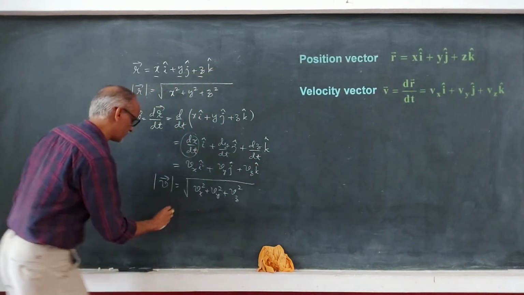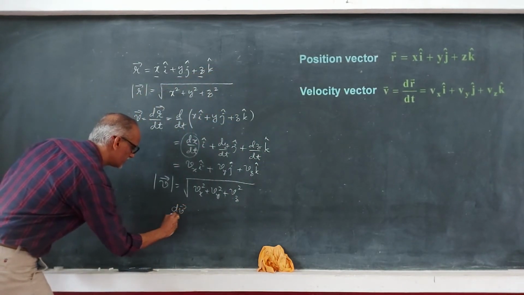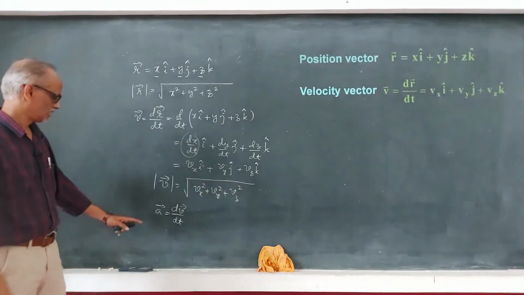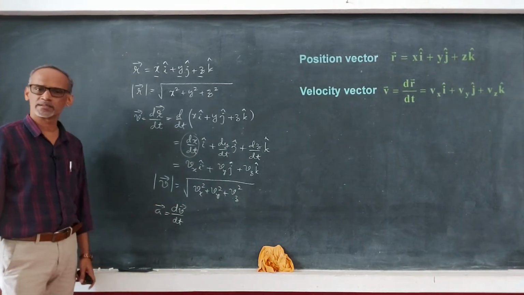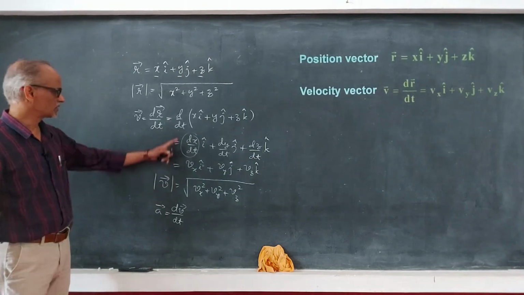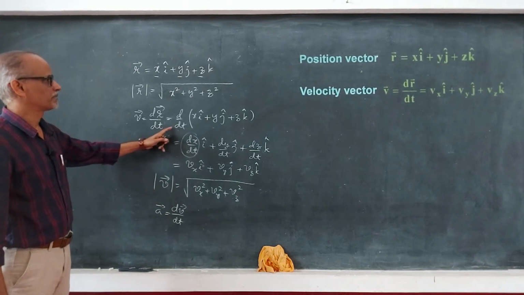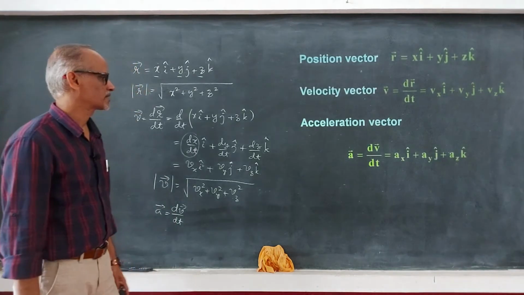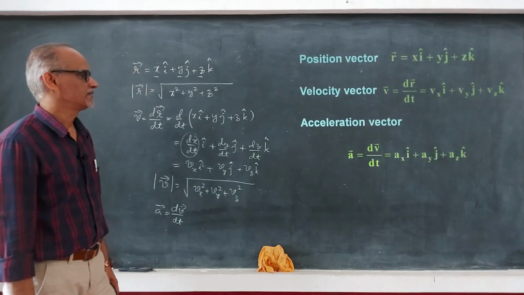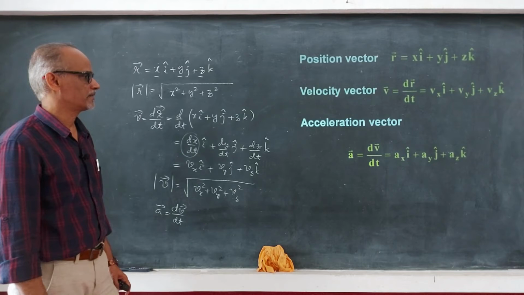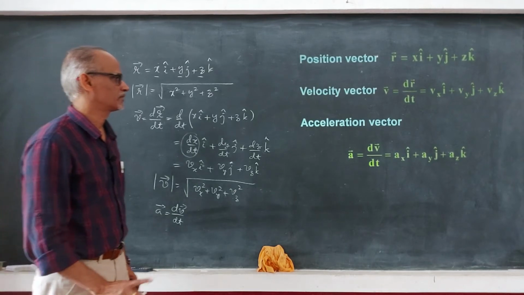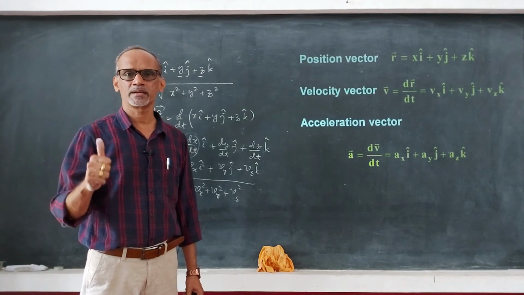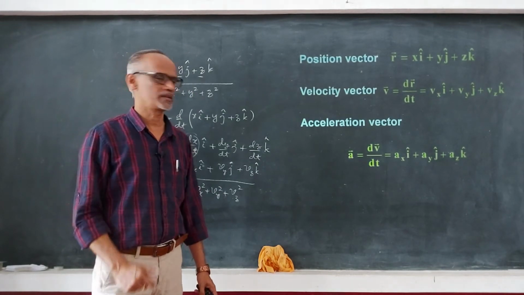Now, if I further differentiate dv by dt, then I will get the acceleration, because acceleration is nothing but the rate of change of velocity. Similar to the previous step, we get the acceleration vector A is equal to dv by dt, which is ax i cap plus ay j cap plus az k cap, where ax, ay, az are the components of the acceleration along the x-axis, y-axis and z-axis respectively.